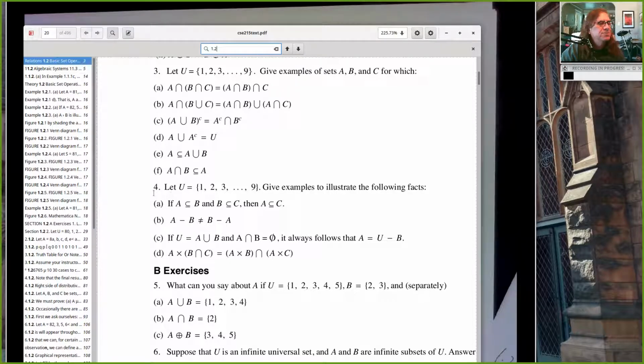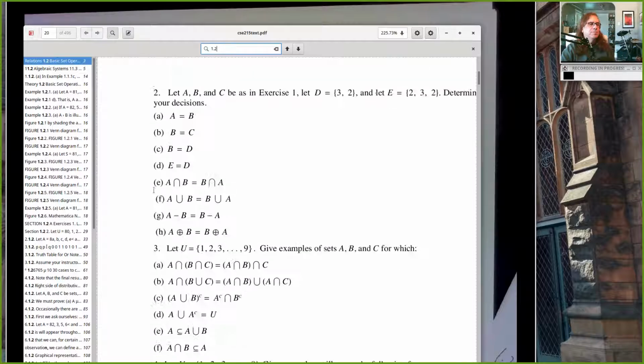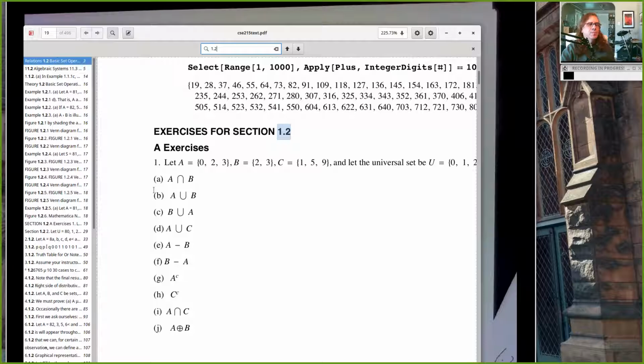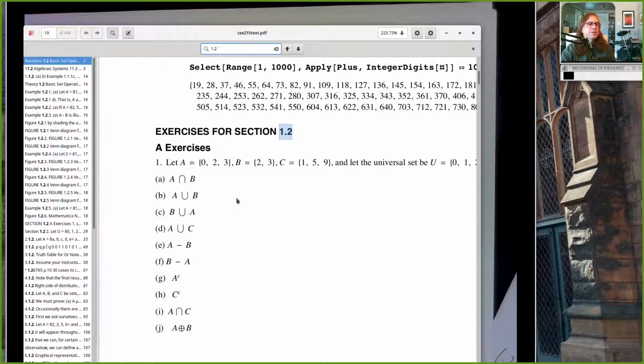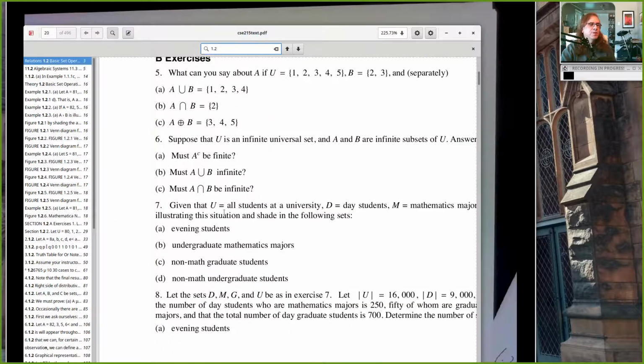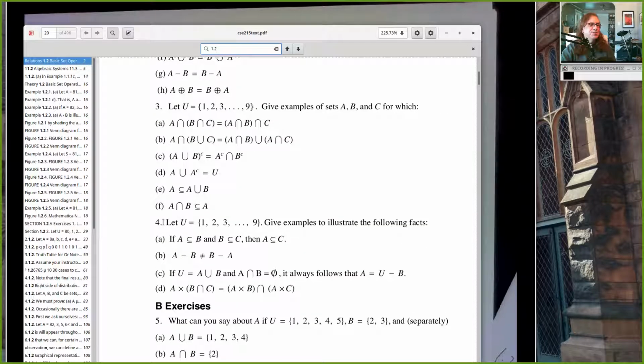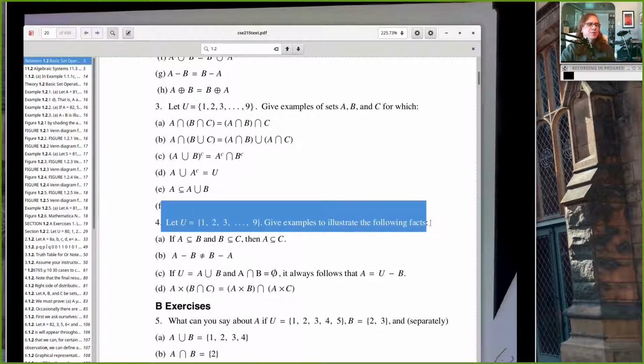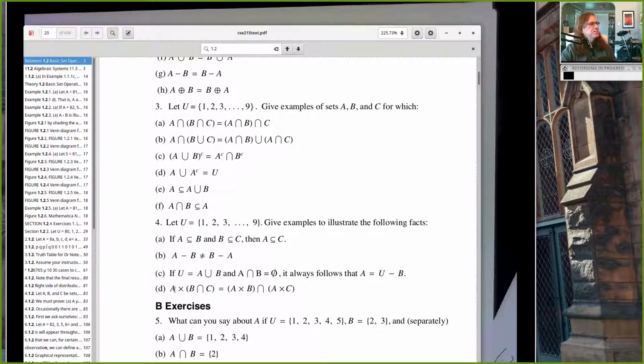No, this question has nothing to do with question 1. It's a totally different question. But for every part of question 4, the universe is equal to 1 through 9. That applies to all 4 parts. I didn't take off points if you changed the universe.